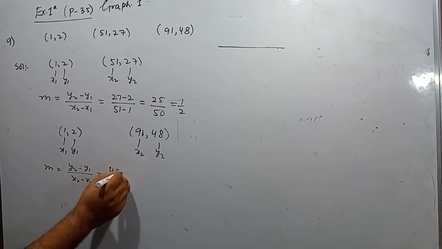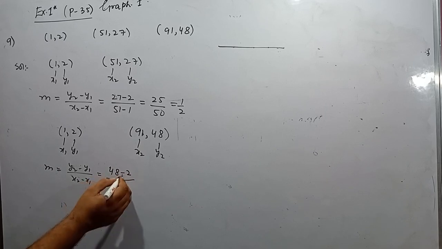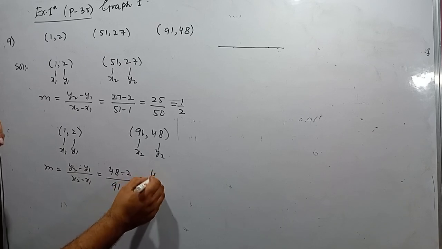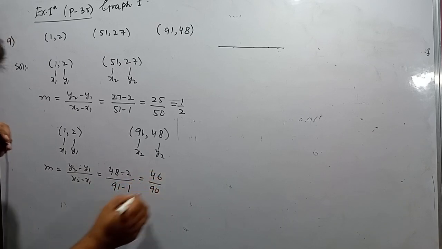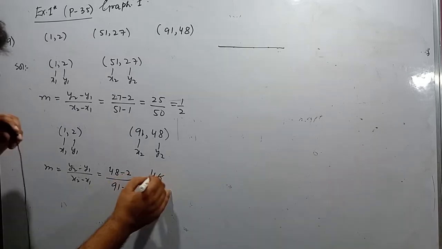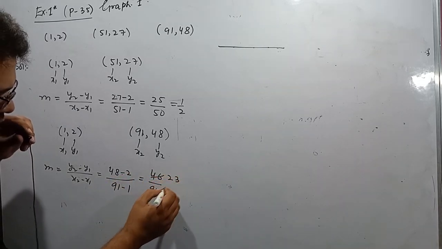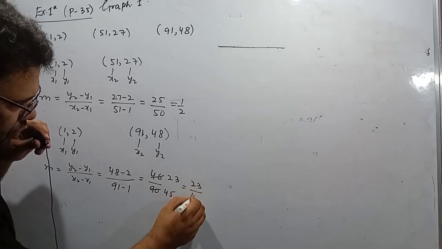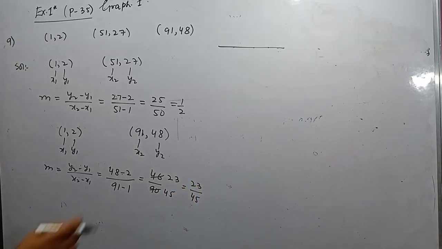It's 48 minus 2, y1, then x2 is 91 minus x1, which is 1. I will get here 46 by 90. So I can do it, 2 2s are 4, 2 3s are 6, and 2 4s are 8, 2 5s are 10. It is 23 by 45.